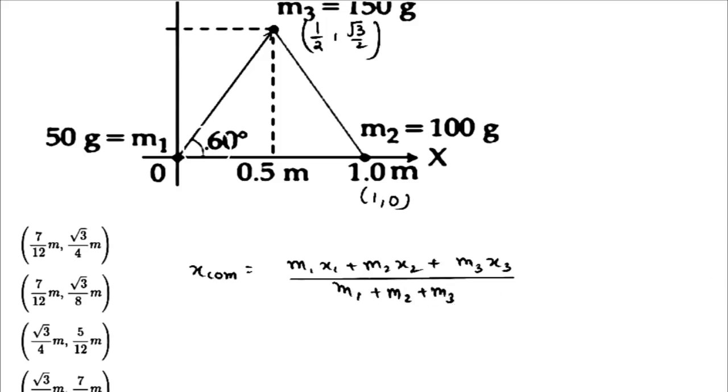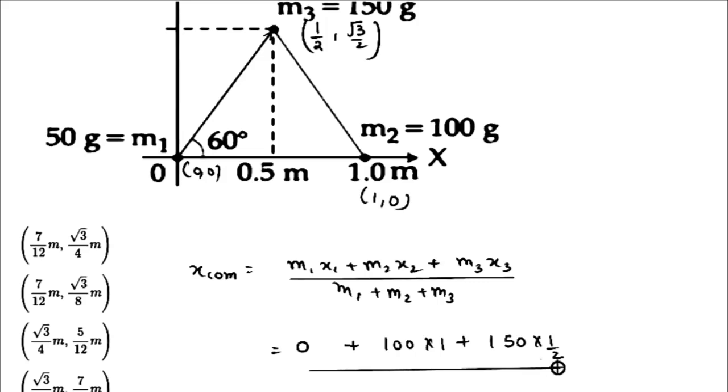So if you see here, x1 is 0, so this term will become 0. x2 is 1 and 100 is the mass. And the third mass is 150 gram and the coordinate is this. The total mass is 300 gram.